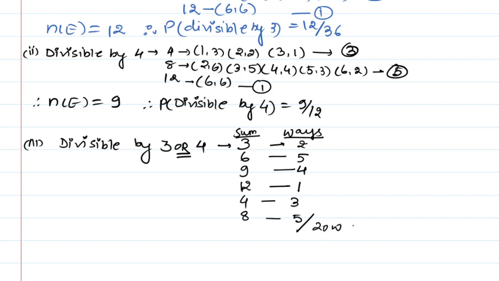So there are 20 ways in which I can get the sum which is divisible by 3 or 4. Therefore, probability of sum which is divisible by 3 or 4 is 20 by 36.